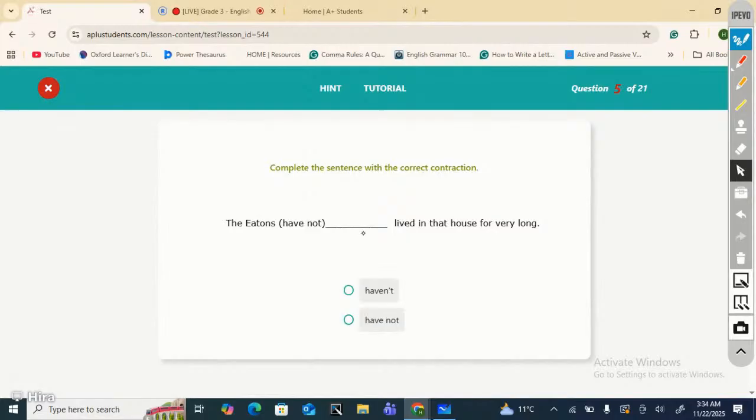The Eatons have not lived in that house for very long. The two words are have not. What is the correct contraction?